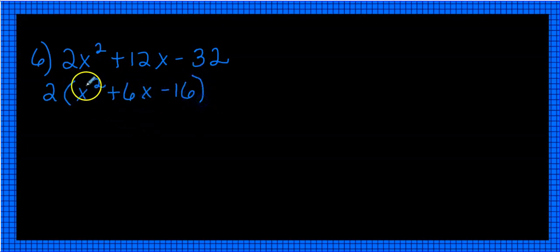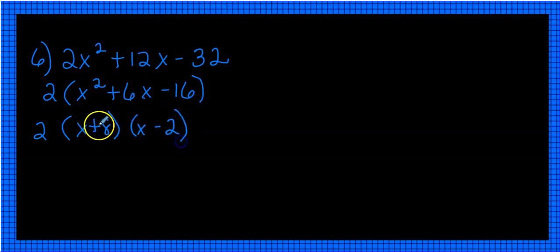So then maybe I can factor this into two binomials. And let's see, -16, 8 times -2 would give me that -16, and it would give me the +6 if I add those two together. So then my x-intercepts would be -8 and +2.